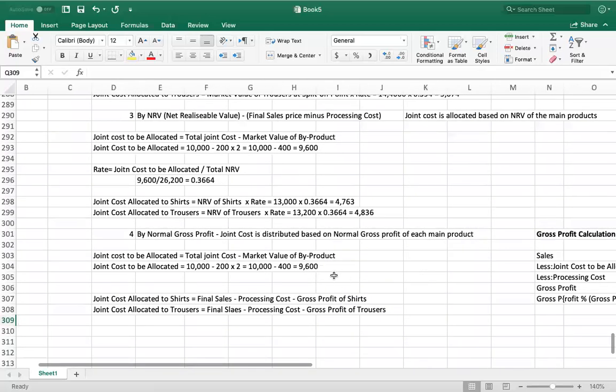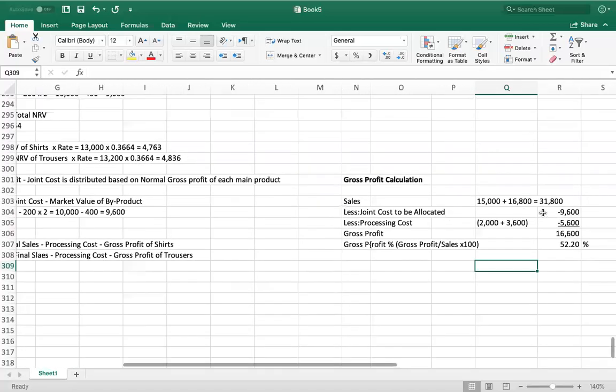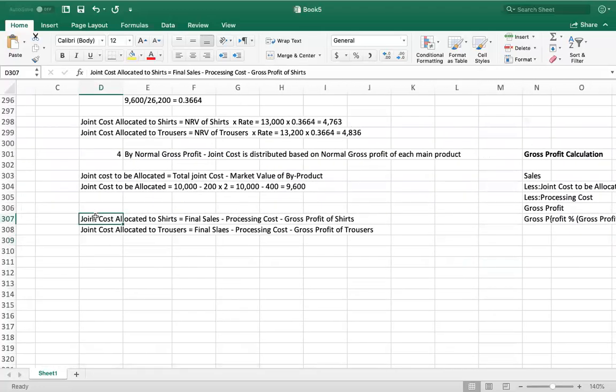So this is now our joint cost, we will take 9,600. Now you can allocate.